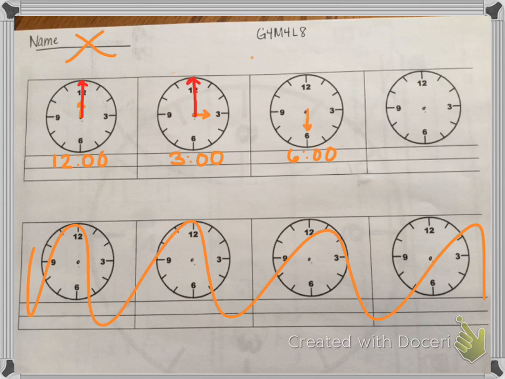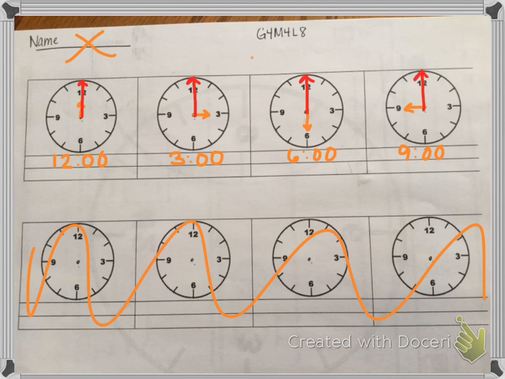Hour hand points to the 6, minute hand all the way through to the 12. And finally, let's put in 9 o'clock. Hour hand points at the 9, the minute hand points all the way through to the 12. 9 o'clock.